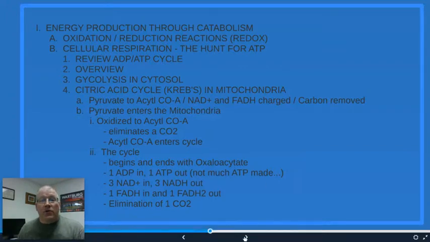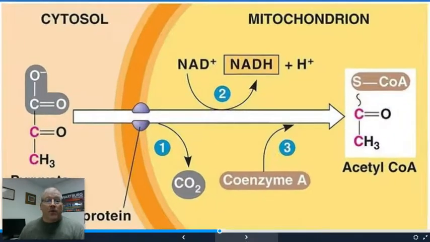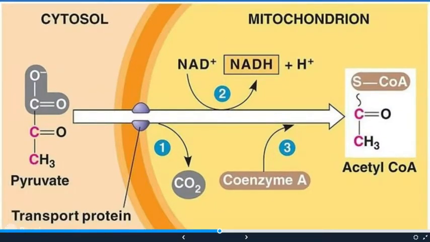So the steps to that process include, first, pyruvate has to enter the mitochondria, where it is immediately switched, through some work, with a little coenzyme here, from pyruvate to acetyl-CoA.